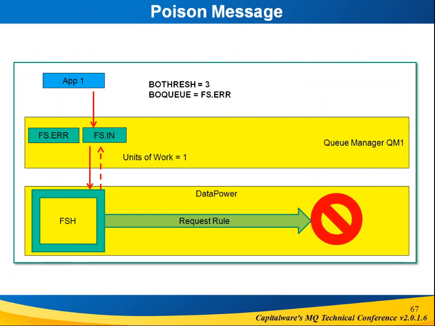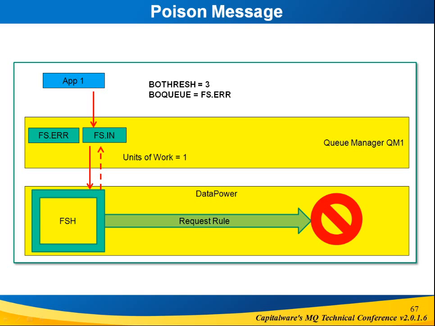Now there is a particular phenomenon in MQ which I'm sure you're aware of called a poison message. This is where the front side handler could read a message under sync point from the fs.in queue, encounter an error halfway through the request rule, and the normal default mode of operation is to do a rollback. In other words, it puts it back on the input queue as though nothing had happened.